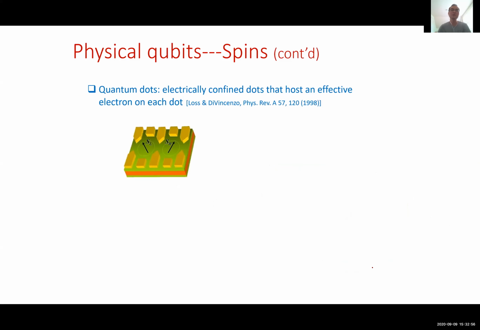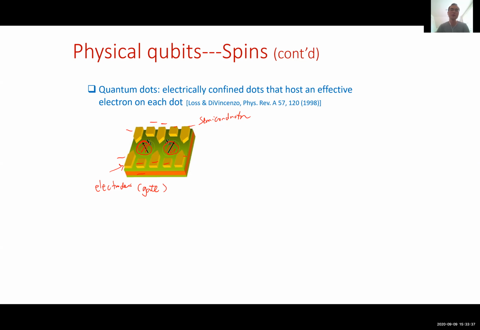So the specific implementations include, for example, quantum dots. These are semiconductor materials, and they use electrodes or gates. For example, if they put a really negative voltage, the electron would be squeezed into a dot shape, right? And they're using the extra electron at each dot.